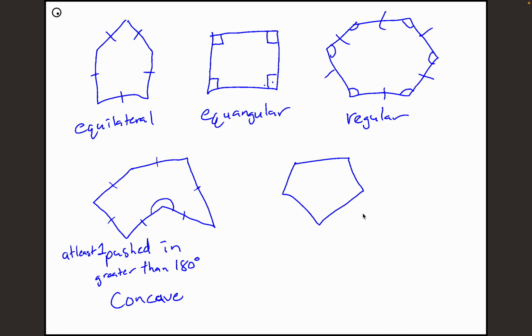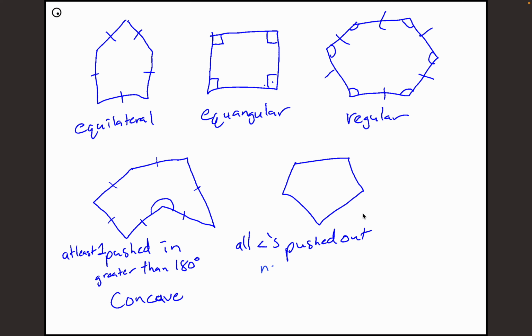I know, it's not the best drawing. Okay, this one, do we have any angles that are concave? No, a diamond has four sides. All the angles are pushed out on this one. So all angles pushed out.